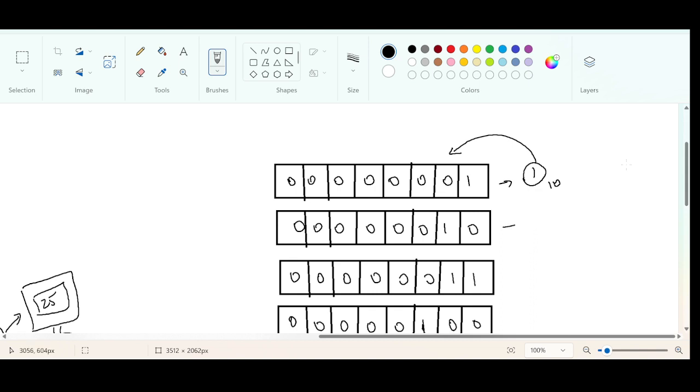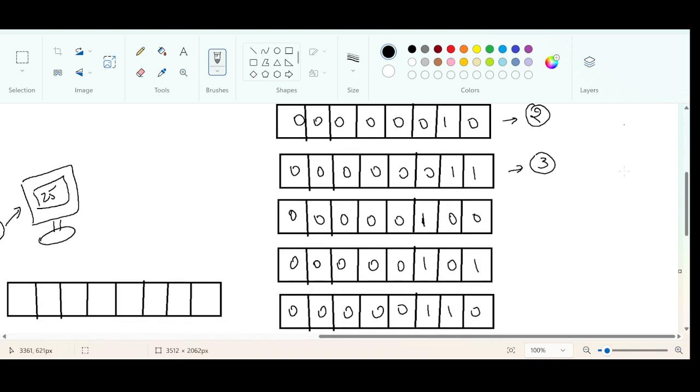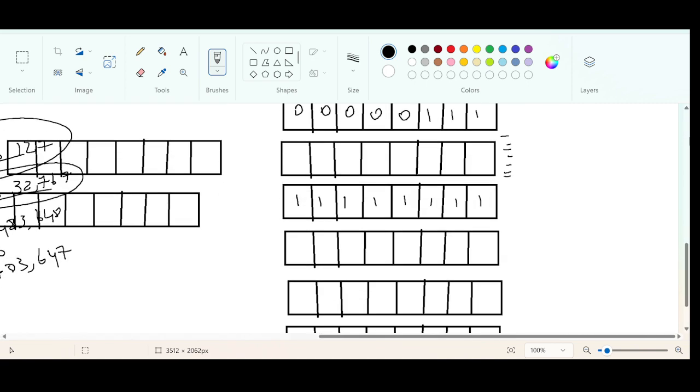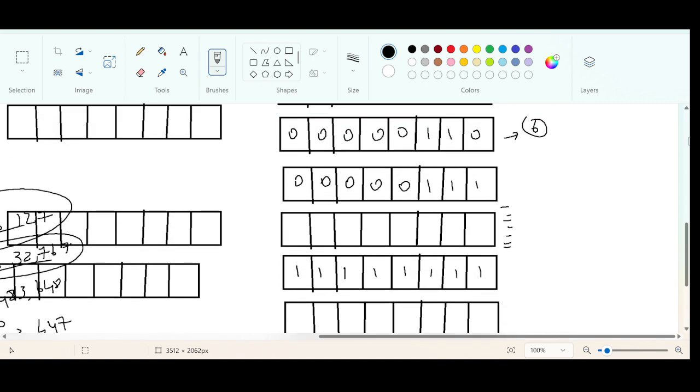If you want to store number 2, this is the number 2. Likewise, number 3. Likewise, this is the number 4. This is the number 5. Number 6. And at one point of time, every box will be filled with 1.